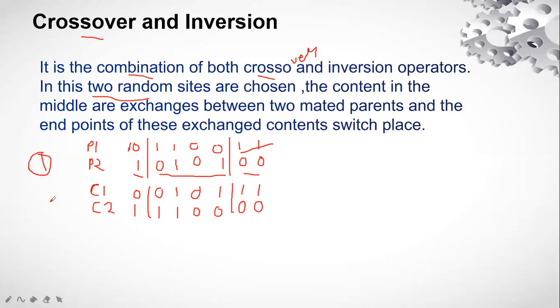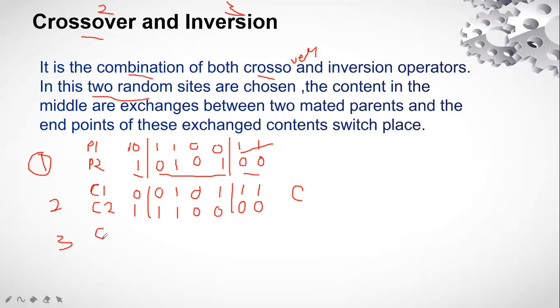So here I have applied the second operator, that is called the crossover operator. Now I'm going to apply the third operator, that is called the inversion operator. So the third step is to apply the inversion operator. The first is selecting random sites, then applying the crossover operator.